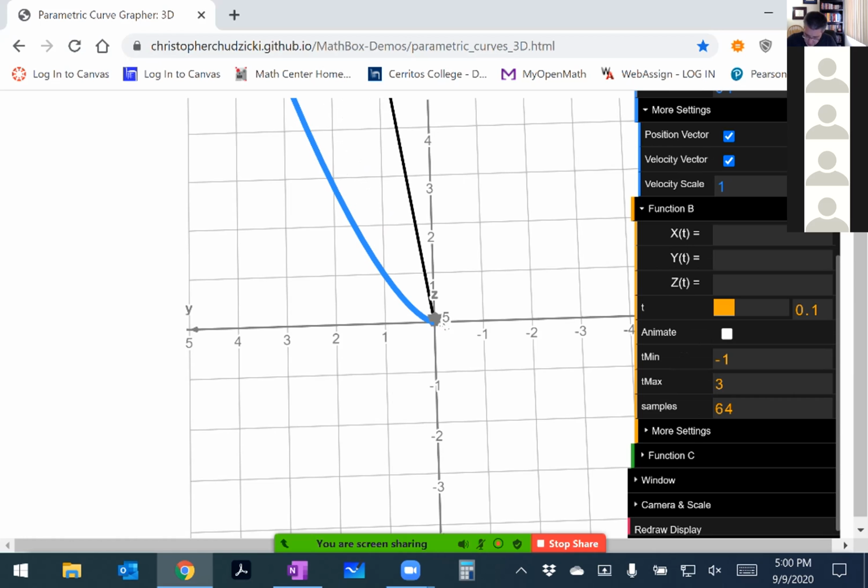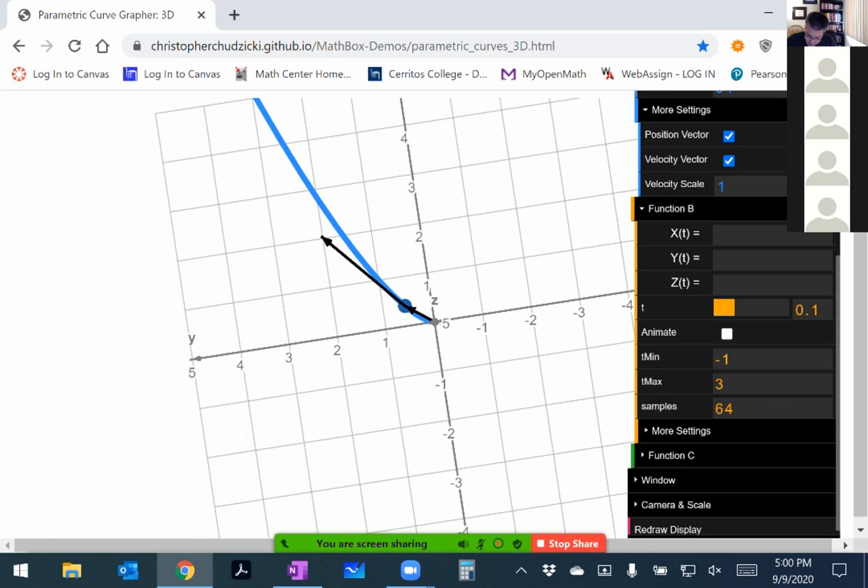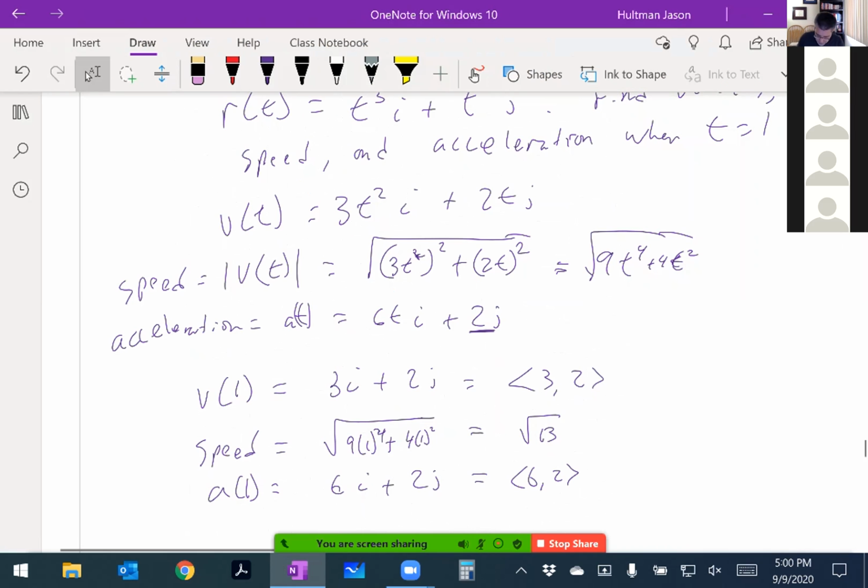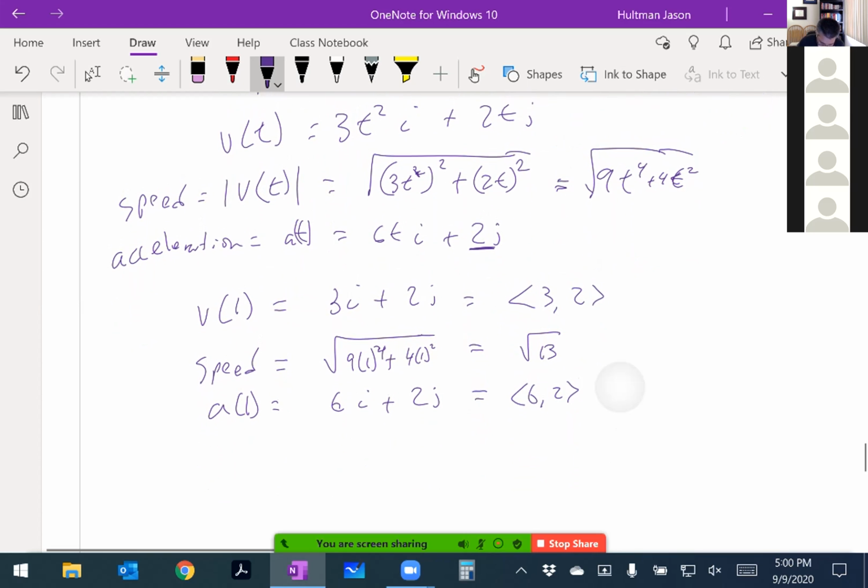Okay, but it kind of gives you an idea. There's the position and there's a little velocity. Okay, but notice that at 1, the velocity is at 2 and the position is at 2 for the y value. That's kind of interesting.